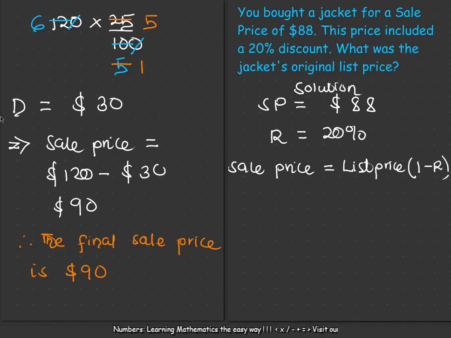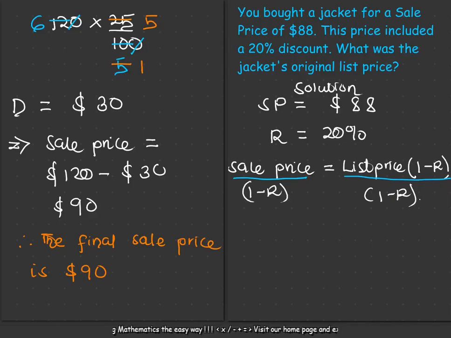In this case, what we want is the list price. So using our algebra, we can make the list price the subject. And how do we do that? We divide both sides by 1 minus R. So 1 minus R divided by 1 minus R, and with that we can cancel out these brackets, and we'll be left with just the list price here.